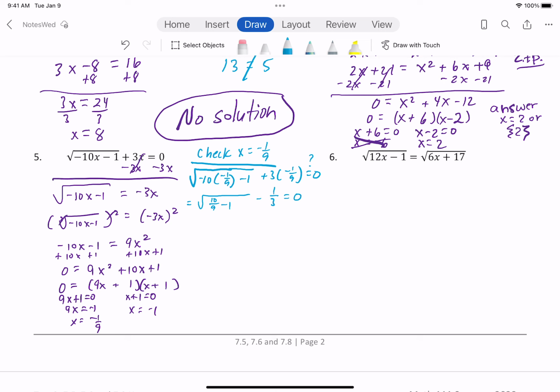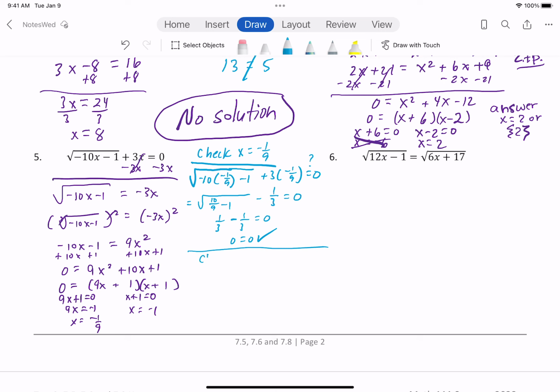And I did enter square root of 10/9 minus 1 in the calculator. That just gave me 1/3 minus 1/3. And we know something minus itself is 0. Okay? So don't make the check complicated. Show me the substitution. Use your calculator to show me the two sides are equal.